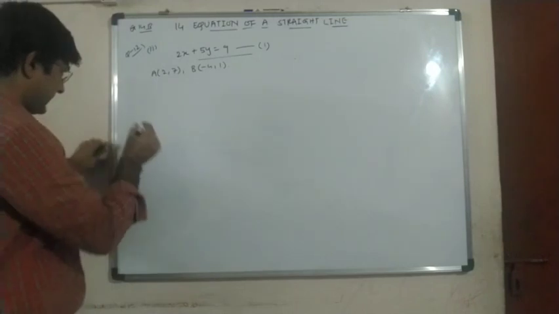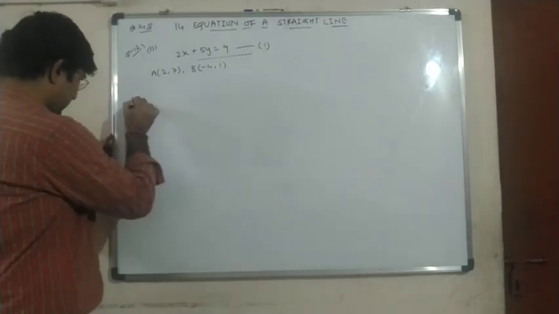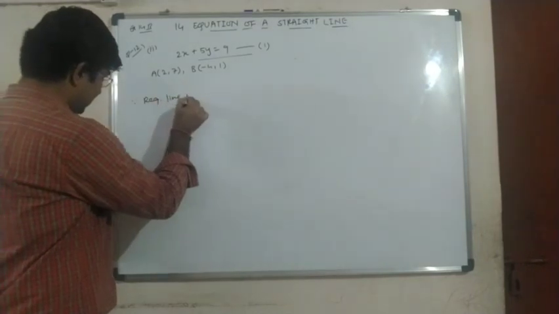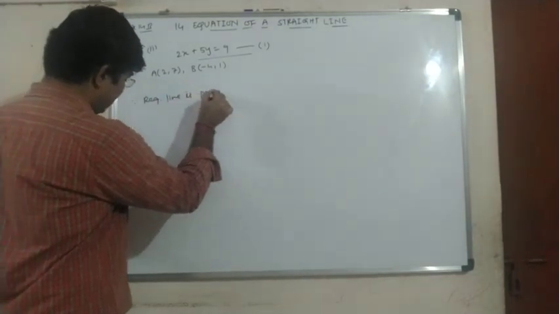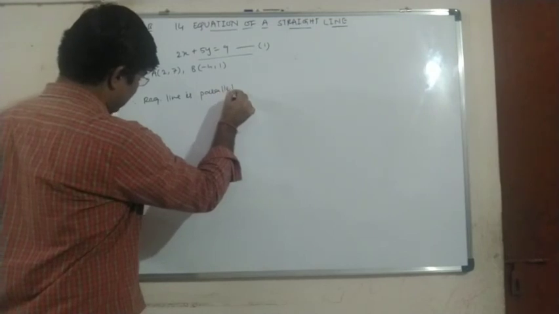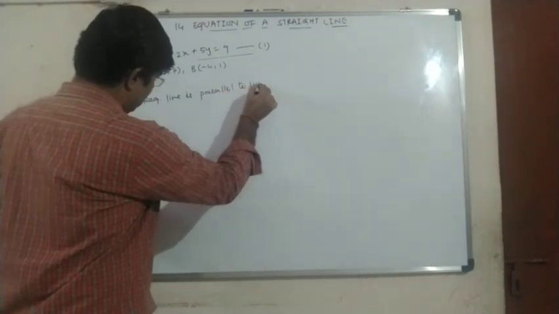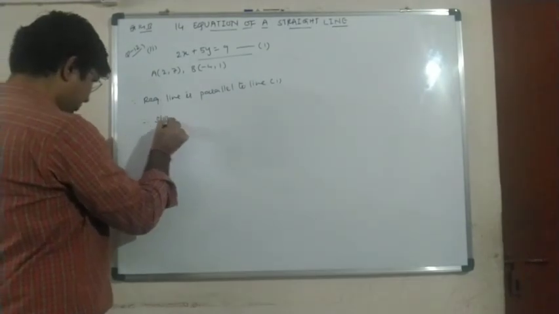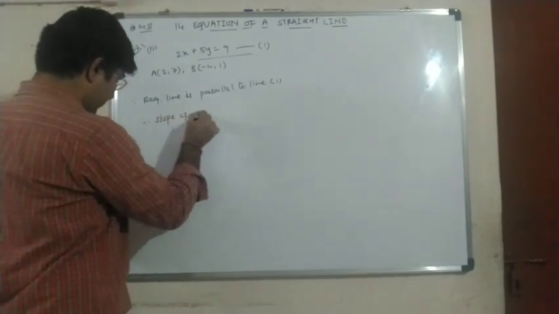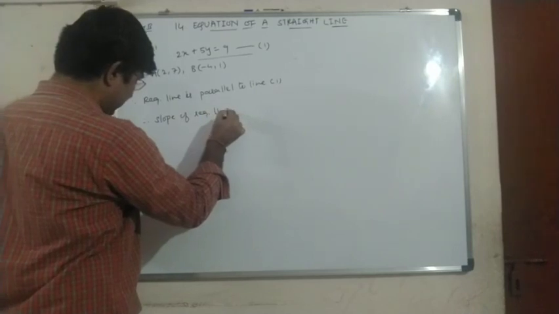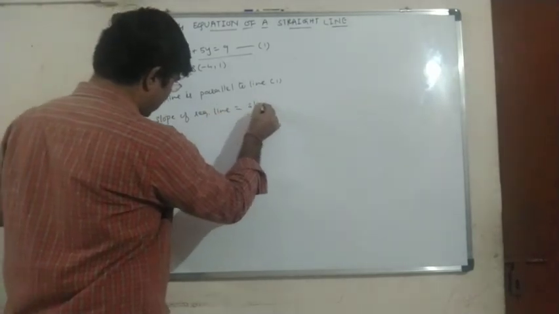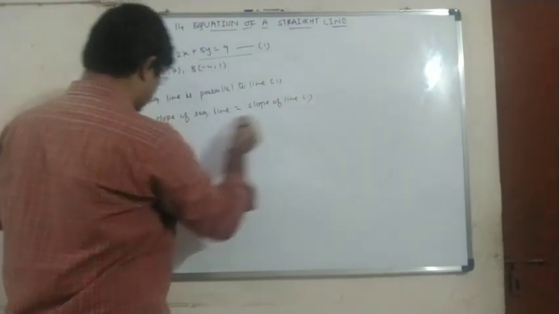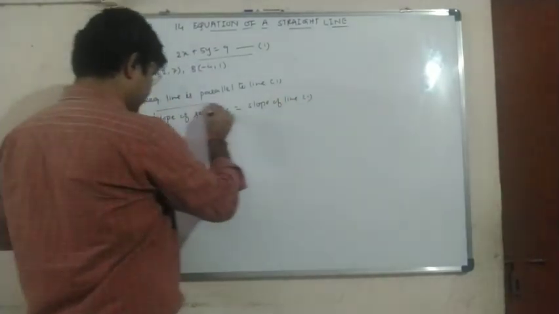Okay, so let us write that down. Since the required line is parallel to line 1, we will write that the slope of the required line is equal to the slope of line 1. Clear? Yes or no?